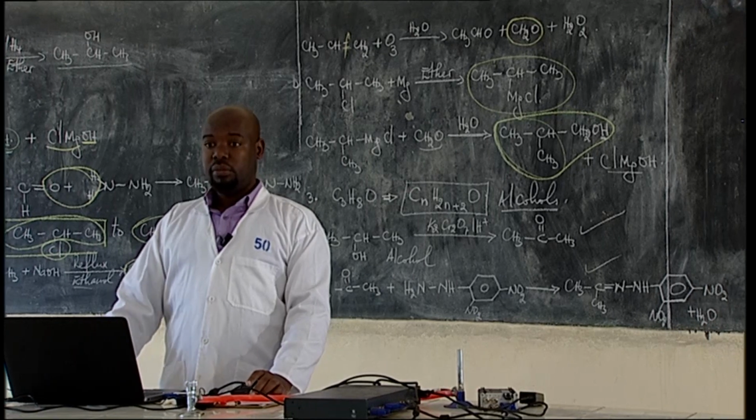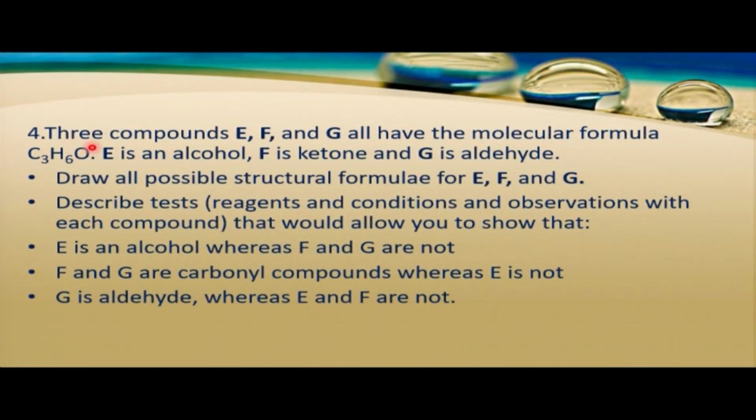The next exercise, here we have 3 compounds, E, F, and G, all have the molecular formula C3H6O. E is an alcohol, F is a ketone, and G is an aldehyde.